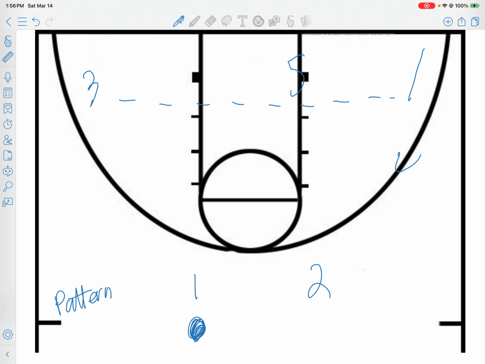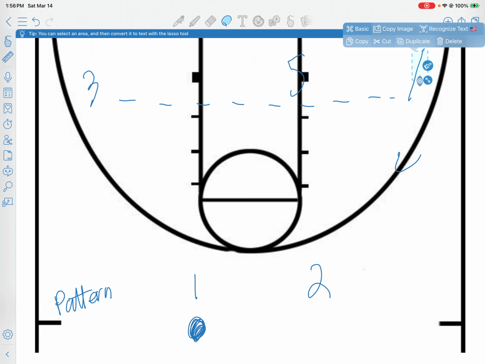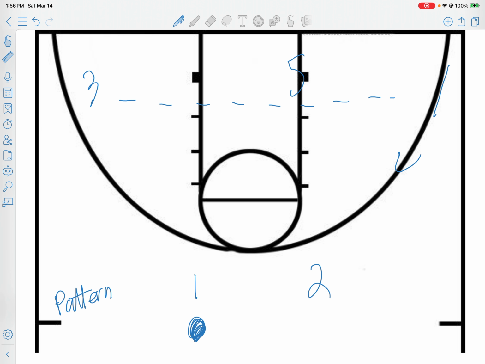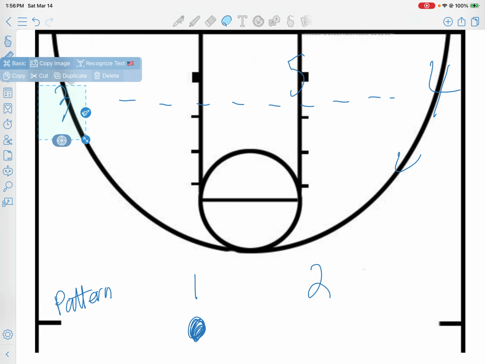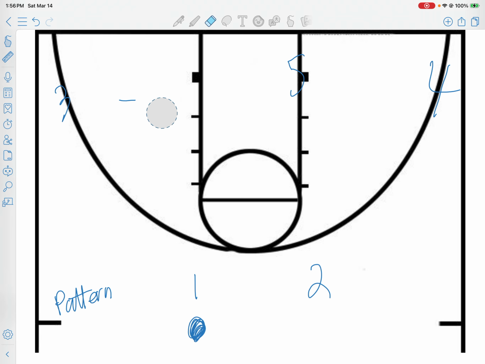So specifically, I want the 4 to set up down here and the 3 to set up down here. Now, the reason why we do that is because by setting up low, you're going to bring your defender down here with you.